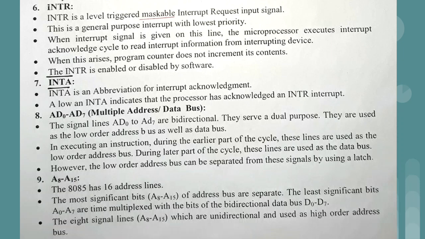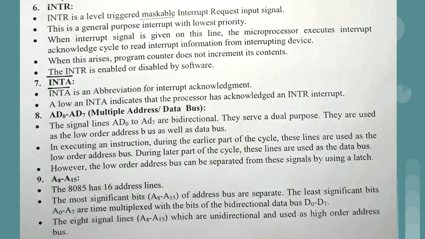Now the next one is INTR. As I told you, the last pin was RST 7.5, but after RST 7.5 we have 6.5 and 5.5. After 5.5 we have the next interrupt pin, INTR, which is a level-triggered maskable interrupt. TRAP was non-maskable; RST 7.5, 6.5, 5.5 are maskable, and INTR is also a maskable interrupt.